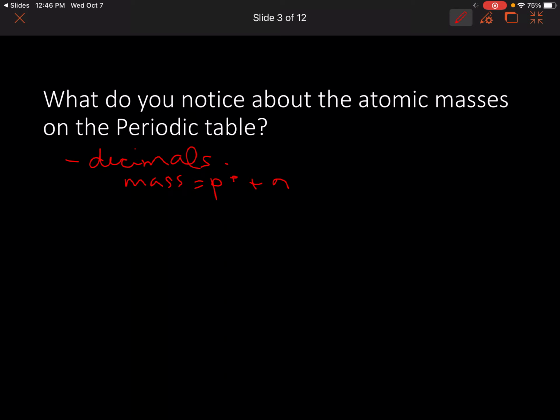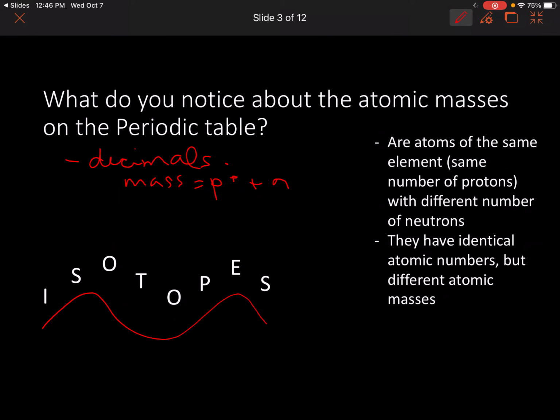The reason for that, some of you will maybe know this already. I'm going to reveal it letter by letter. It's I, S, O, T, O, P, E, S, isotopes. Okay, so write down isotopes here. Some of you will have seen that maybe in your grade 10 year. Isotopes are defined as atoms of the same element.